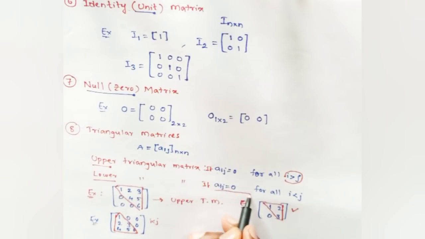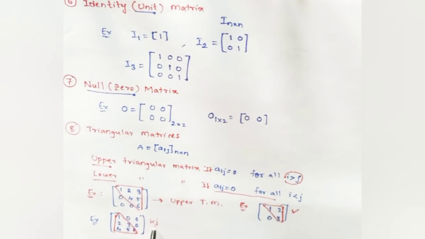It is a lower triangular matrix. That means i is less than j, meaning A12, A13, A23: 1 is less than 2 and 1 is less than 3, and 2 is less than 3. Therefore it is a lower triangular matrix.